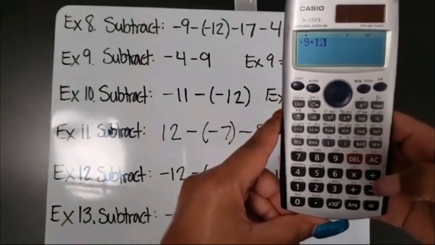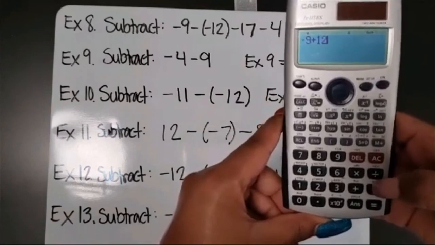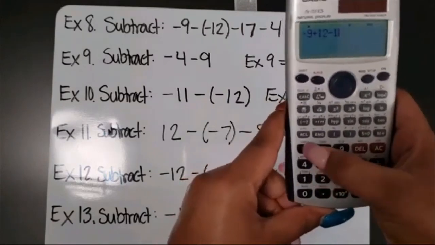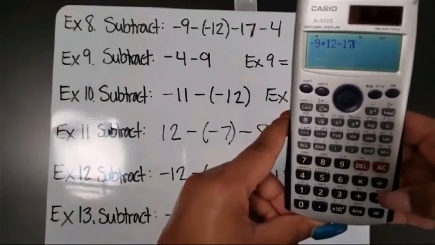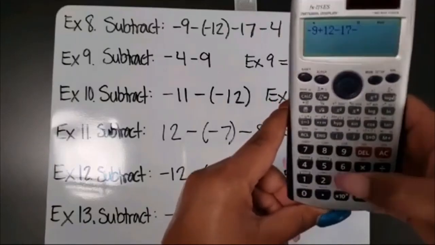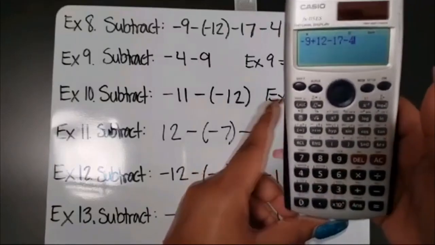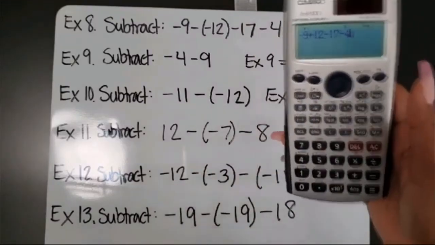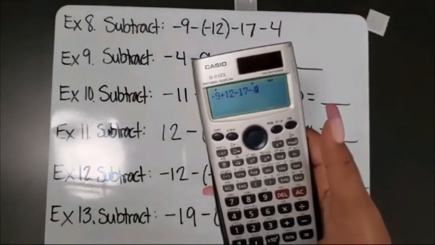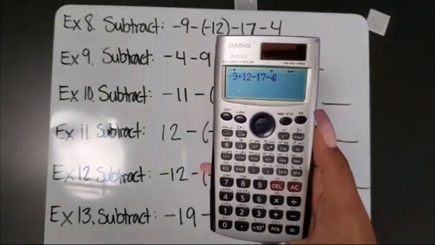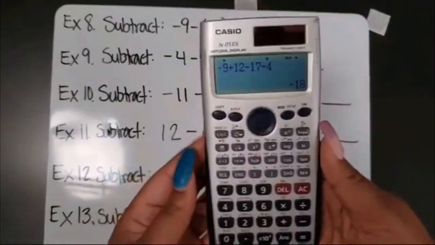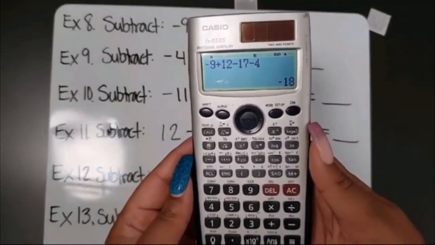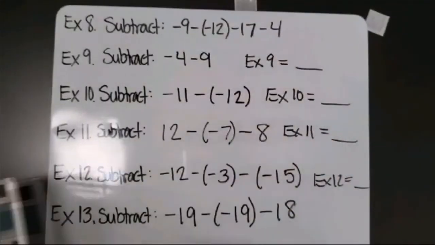And then we have minus 17, so I'm going to do minus 17. Then I'm going to do minus 4. Okay. So I have number 8 typed in. And when I hit enter, number 8 equals negative 18.